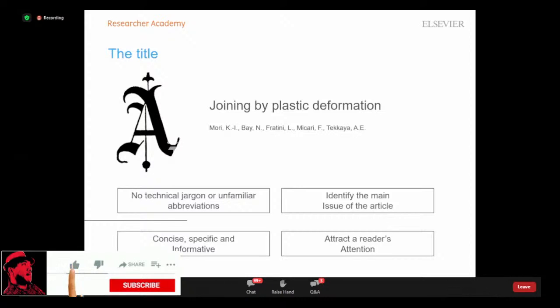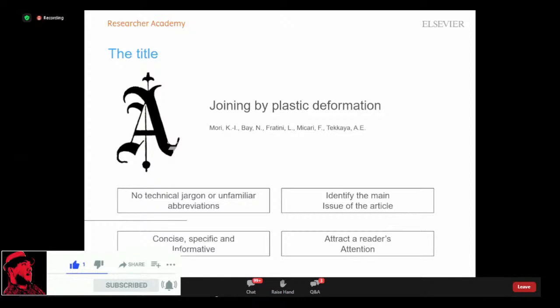These are really important things for any title, actually. It should attract attention. It should be concise. It should be specific. It shouldn't use any technical jargon. Make sure that anyone with a bit of background and an interest in the field would be able to interpret it.